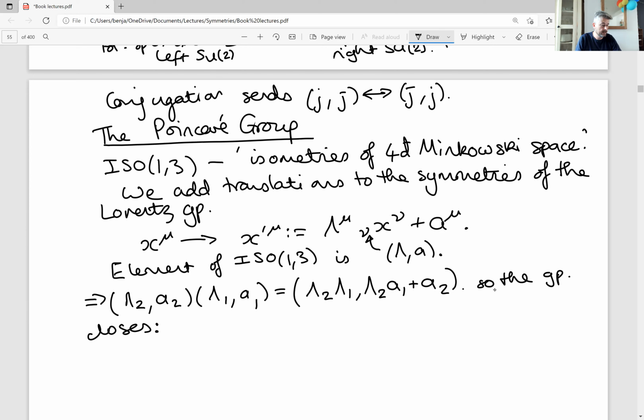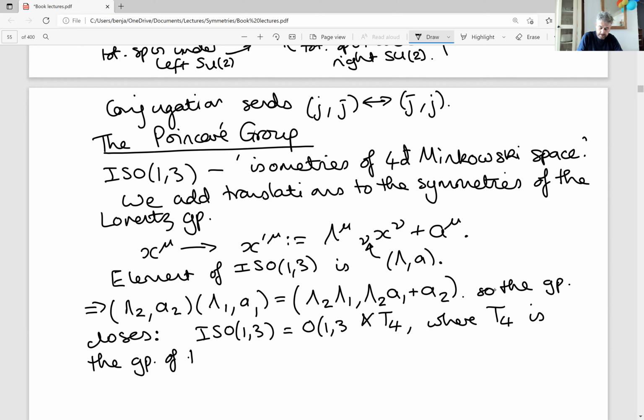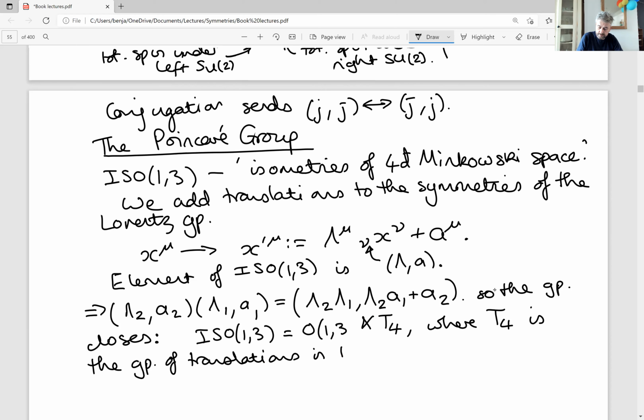And if you look, this is actually a semi-direct product of the Lorentz group with the translations. T4 is the group of translations in 4 dimensions. Well, it's an abelian group, but that's the deal.